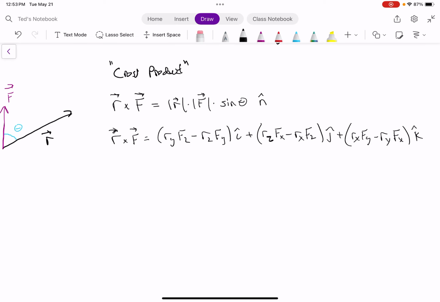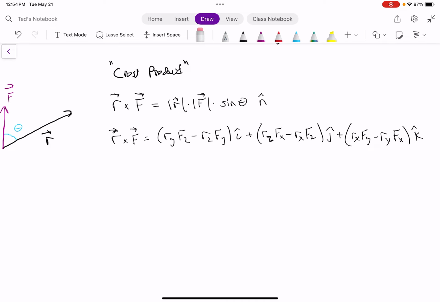So what is this? This is a crazy formula. And by the way, this formula includes the direction of the vector as part of the formula because we've got i hat, j hat, and k hat in here. The pattern of this is how I can remember it, because believe me, I would not remember this formula if I just had to memorize it.